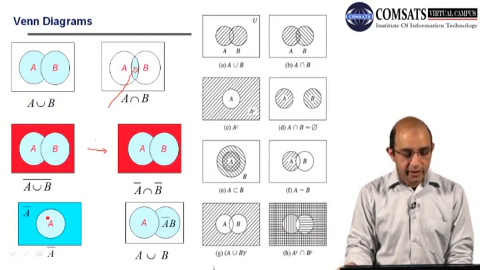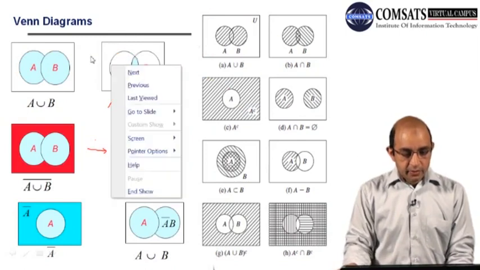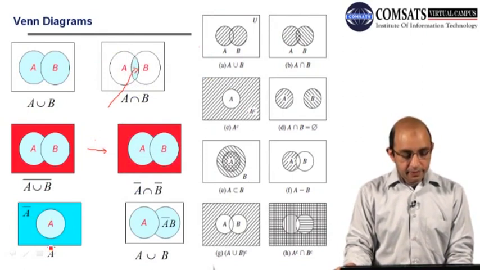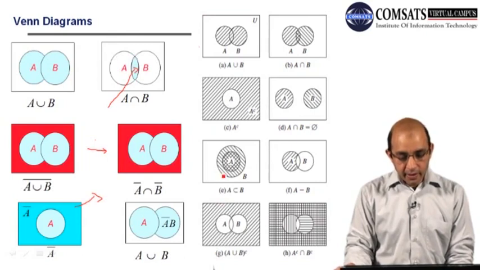If you have A, then this is the circle and its complement is the area outside it. So this is A complement.